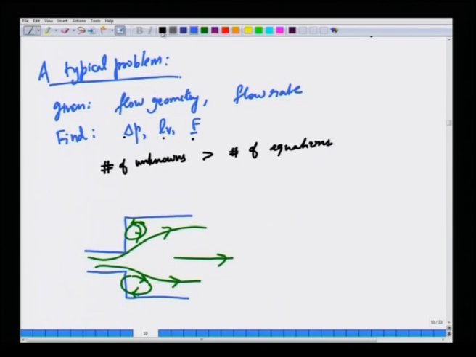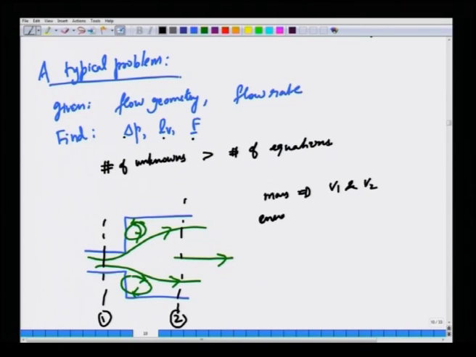Now, if you construct a CV like this, at point 1 and at point 2, the mass balance will simply relate V1 and V2.